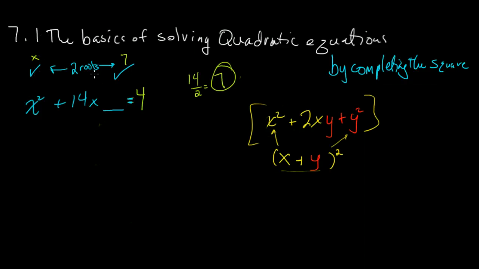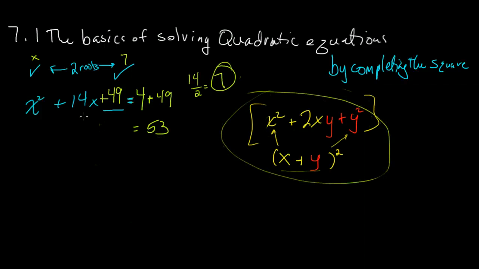This term is x squared, so this term must be 7 squared, and 7 squared is 49, and since it's squared I have to add it. You always add perfect square numbers. And again, in order to maintain balance, if I add 49 over here, I have to add 49 on this side. So now on the right, we have 49 plus 4 is 53. And on the left, what we've manufactured is this scenario here.